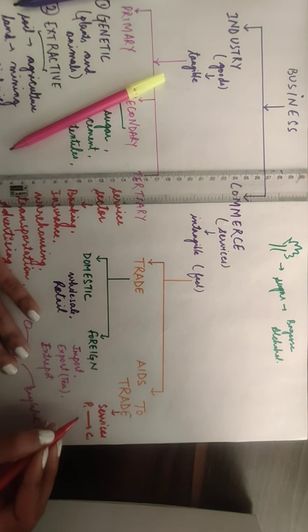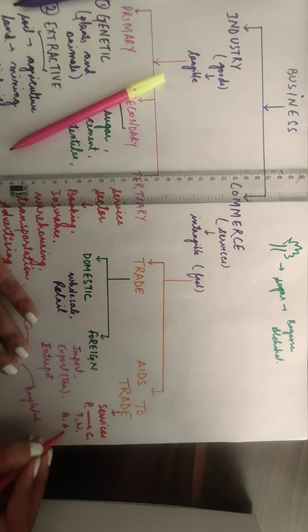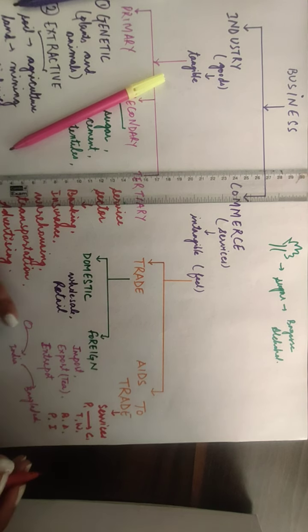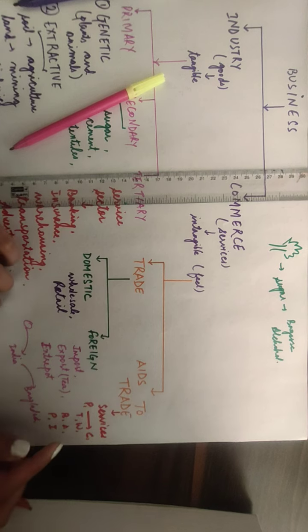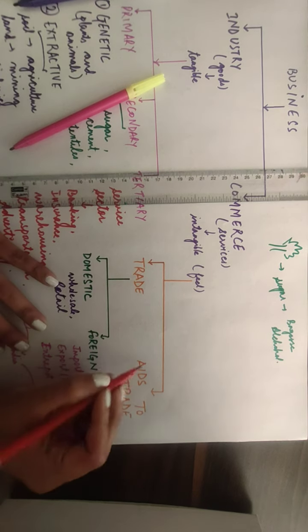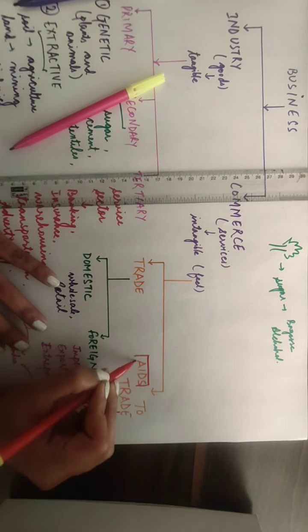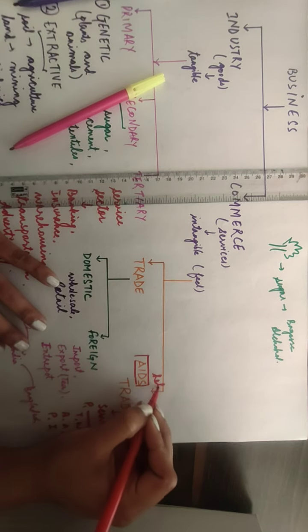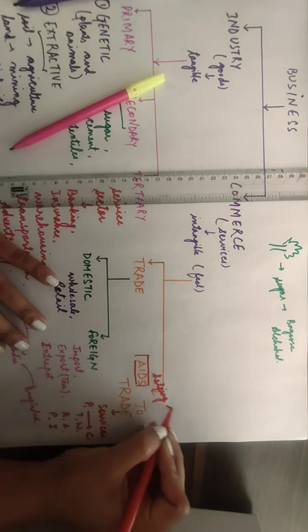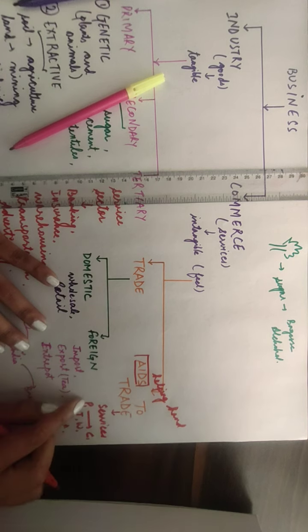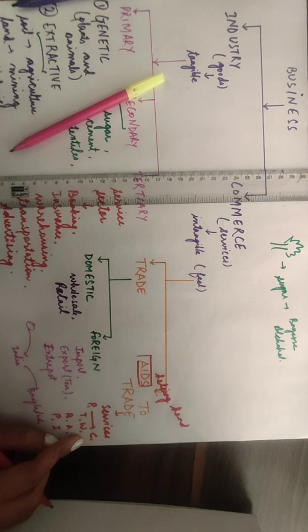So all the services which are required in between, that is transportation, warehousing, banking, advertising, packaging, insurance, all these services which we use, they come under aids to trade. What is actually the meaning of aids? That means helping hand, right? So here the helping hand is what? These services are helping the producer to make the goods reach the consumer's place at a convenient time. So this is aids to trade.